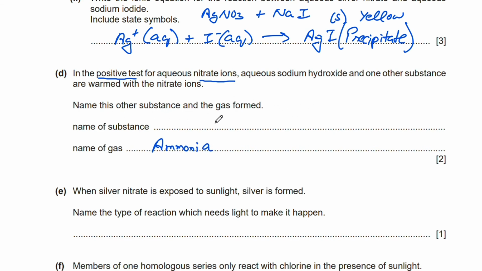Nitrate ions, NO3-, are changed to ammonium ion, and this is done by the substance aluminium.